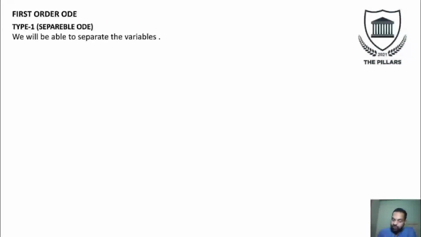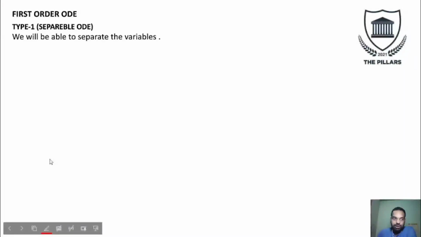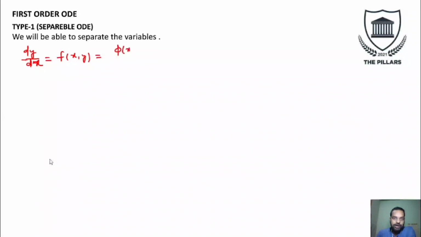So the form of this kind of differential equation can be written as dy by dx is equal to a function of x and y, which can be separated as phi x by g y, or phi x into g y.